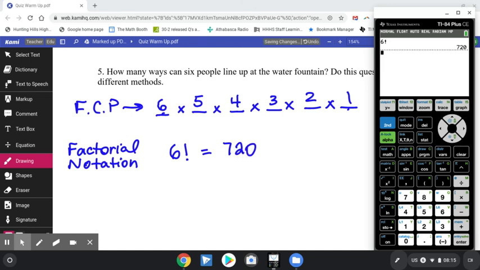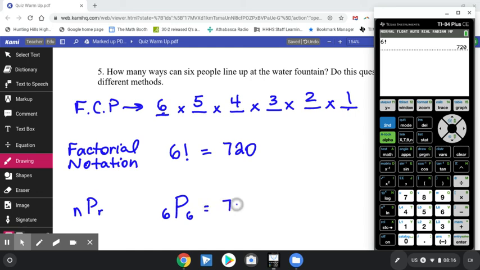And then we could also use our nPr notation, where n is the number of items available, r is the number of items that we'll be using in our arrangement. So in a case like this, we've got 6 numbers available. We are going to be using all 6 in our arrangements. When we use this notation, it automatically means that you are not repeating people in the lineup.